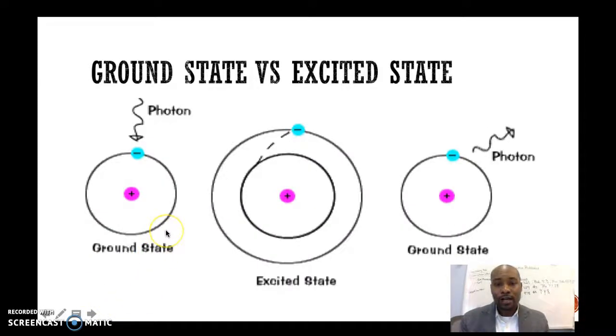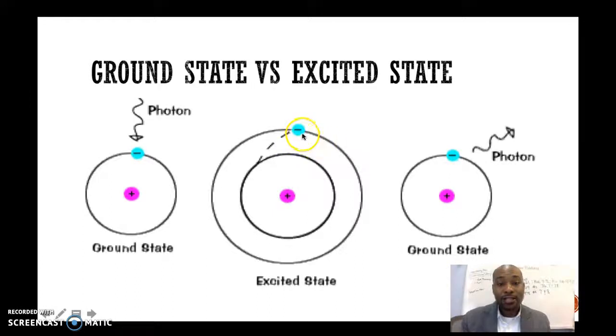Okay, so this diagram here is trying to demonstrate this idea. You have this atom that's in the ground state, and then you have this electron here at this level. If that electron gets excited from a photon or from light, it is going to jump from this ground state to a higher level.